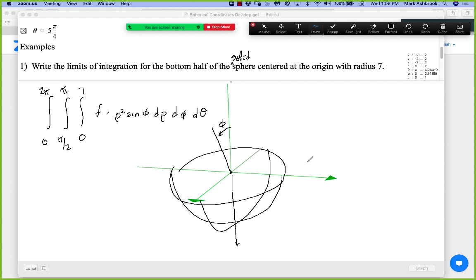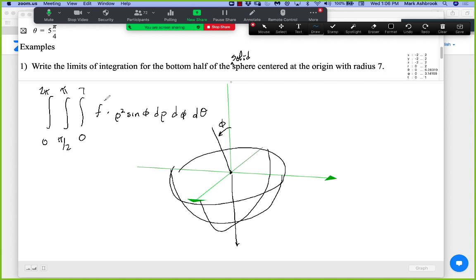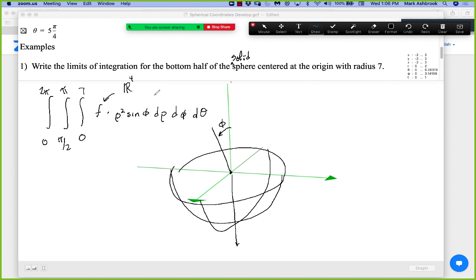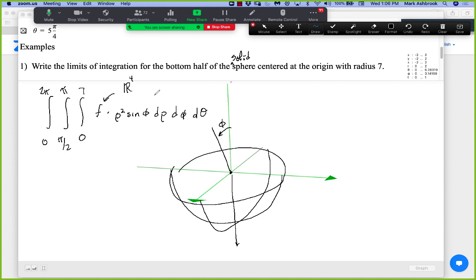Okay. So as we said last time, this function is an R4 function, like a surface in R4. And if we do this triple integral, we get a net four-dimensional hypervolume, which for our purposes as engineers doesn't have a lot of application.